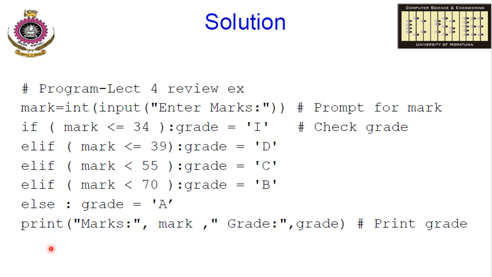So finally, the last line of this program is printing the marks, basically the mark entered by the user, and then the calculated or the assigned grade based on the mark. So finally printing the result. So that is how this problem is approached in this logic. In this way, we have solved, or we have written a program to get the desired output.